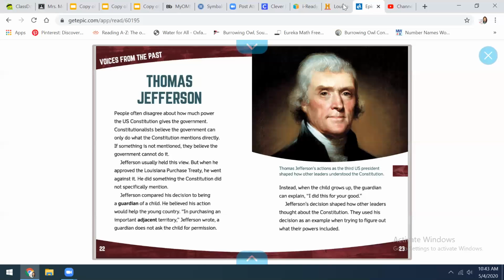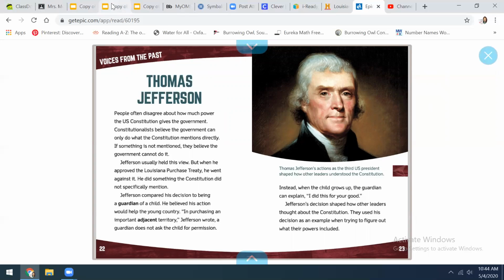So basically, he used that comparison, boys and girls, the way a guardian or a parent makes decisions for us as children, to him being the president making the decision for the country. Because right now, they may not see it, but in the future, he's doing it for the good of the country to make the United States stronger. So Jefferson's decision shaped how other leaders thought about the Constitution. They used his decision as an example when trying to figure out what their powers included.